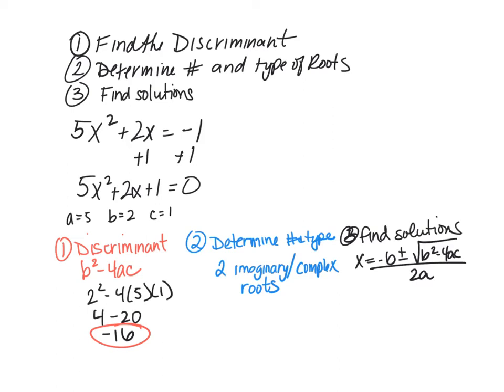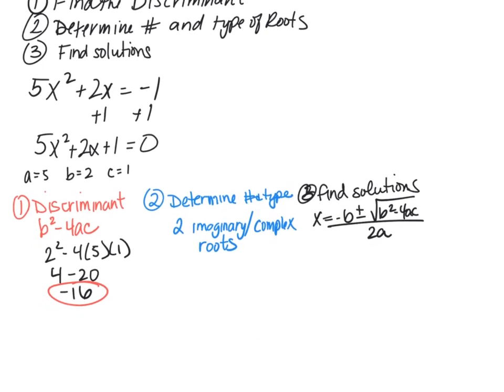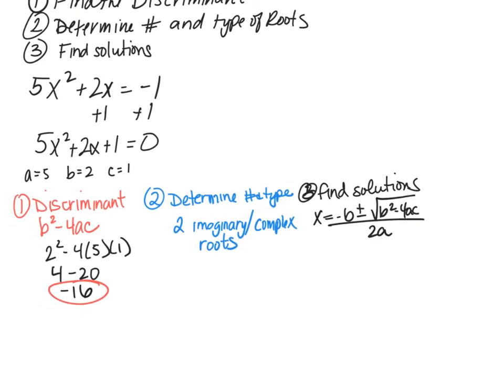By the end of this homework assignment, you will have it memorized if you don't have it memorized already. And so negative b, so that's negative 2, plus or minus, we already found b squared minus 4ac. That's the negative 16, so I'm going to put that under here, and no point in recalculating it. All over 2 times a, which is 5.